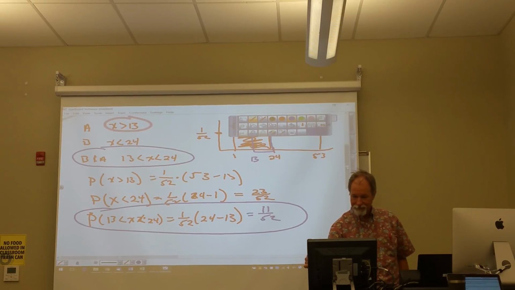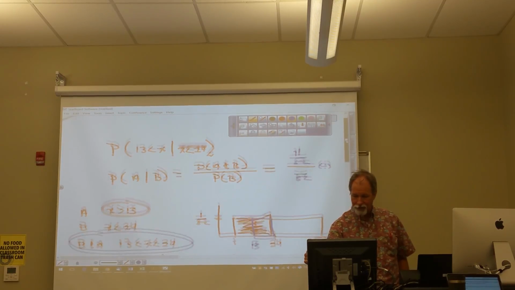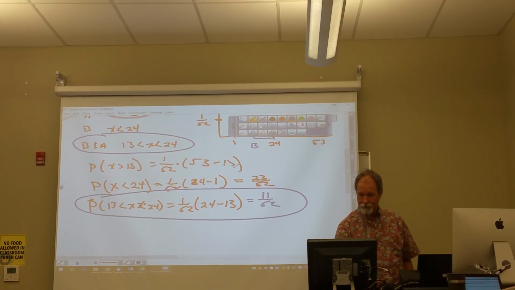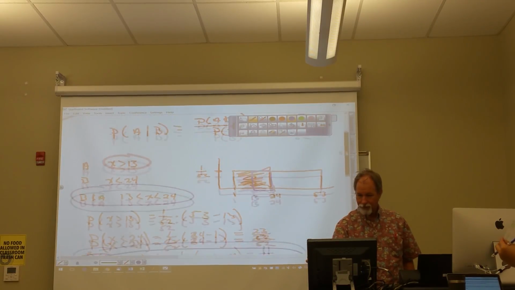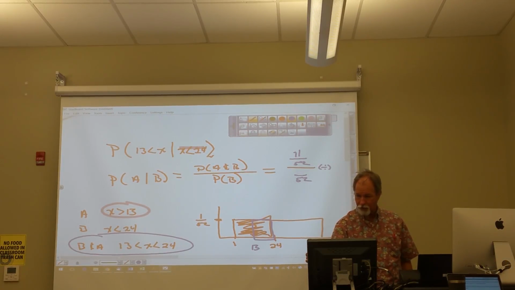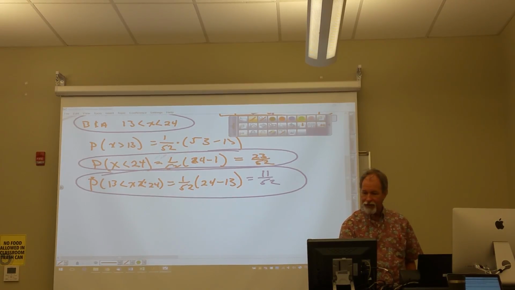Okay. And then the other one, probability of B, probability of B is less than 24. So here's my probability of B. Circle that in green.